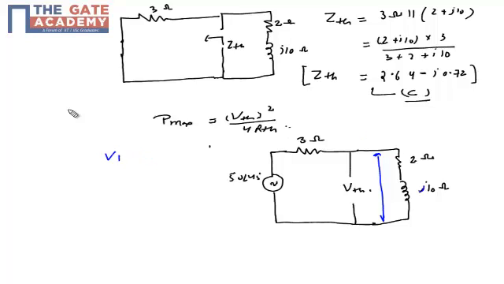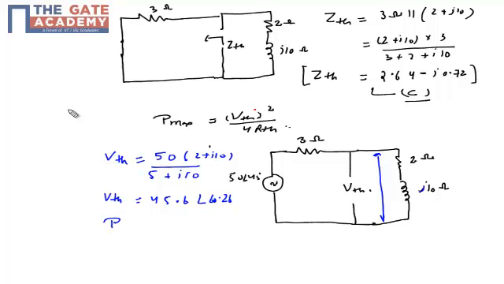So my VTH will be 50 into (2 plus j10) upon the total network, which is 3 plus 2, that is 5 plus j10, which gives 45.6 angle 60.26 degree. This is my VTH.